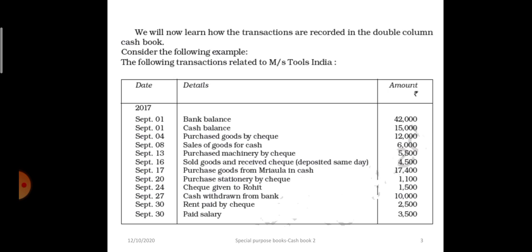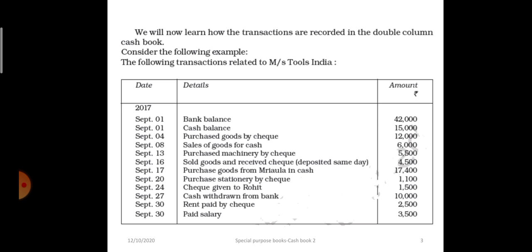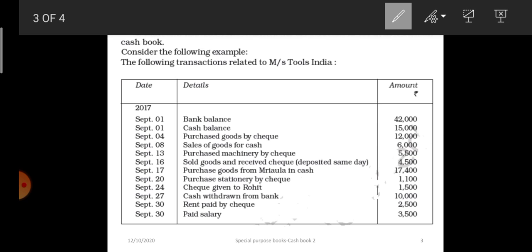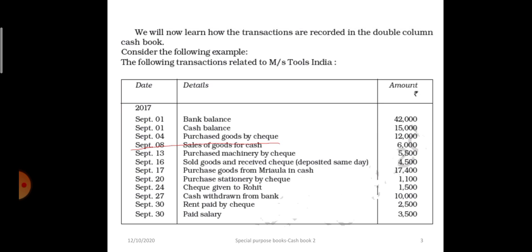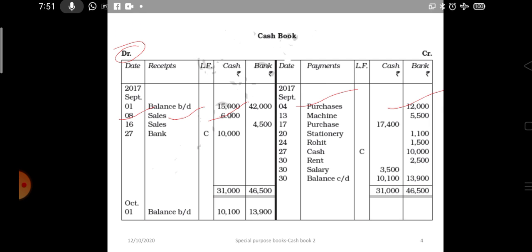Now September 8th, the transaction says sale of goods for cash, 6,000 rupees. Goods sold for cash is coming in, so it will be recorded on the debit side of the cash book.